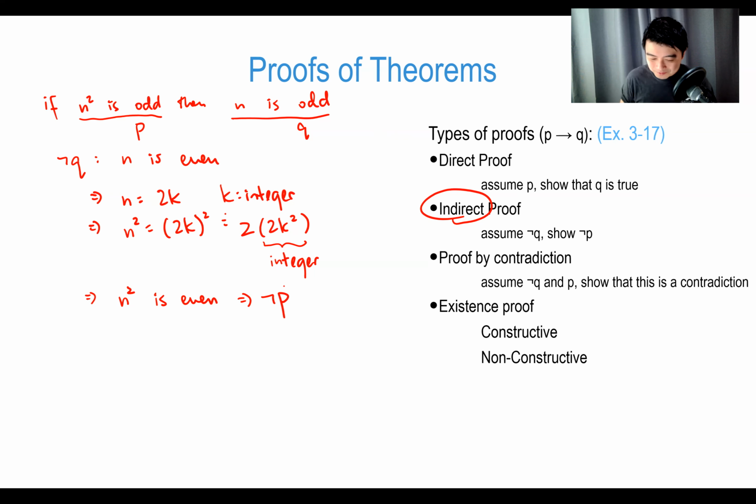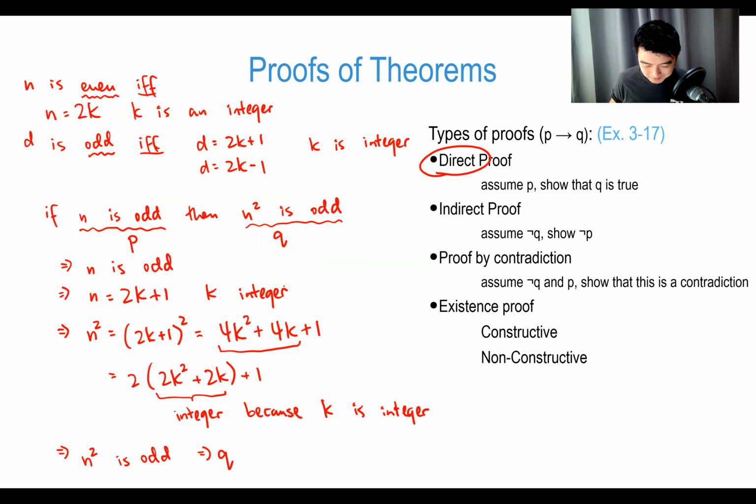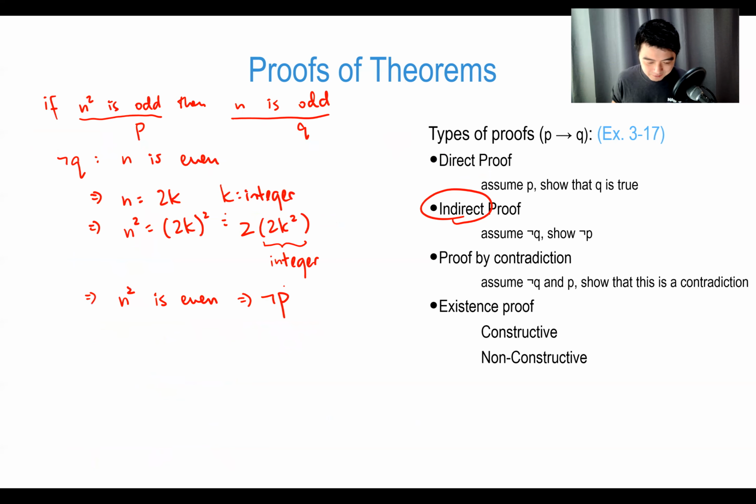Here's another case. Now, notice in the last two examples that we did, in the last example, we showed that if n is odd, then n squared is odd, right? So we proved this. In this example, we showed that if n squared is odd, then n is odd. So notice that we actually proved both directions of this implication. We showed that n is odd implies n squared is odd.